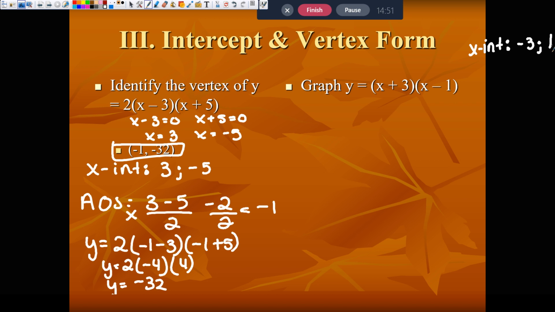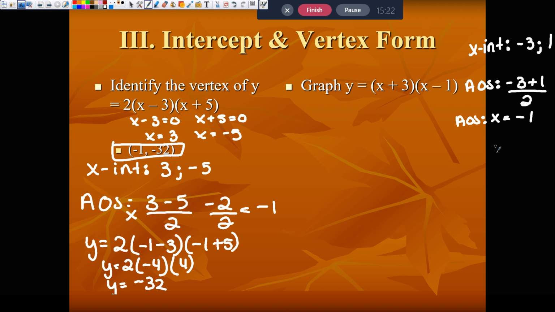So then I can find my axis of symmetry by doing -3 plus 1 divided by 2. What's negative 3 plus 1? Oh, -2. So negative 2 over 2 is negative 1.